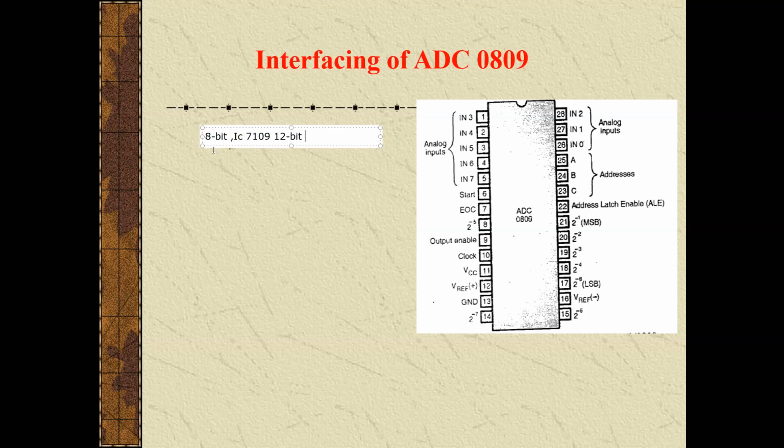Let's see the principle of A to D conversion in this 0808 or 0809. These operate on the successive approximation technique of analog to digital conversion, and it is a CMOS device.